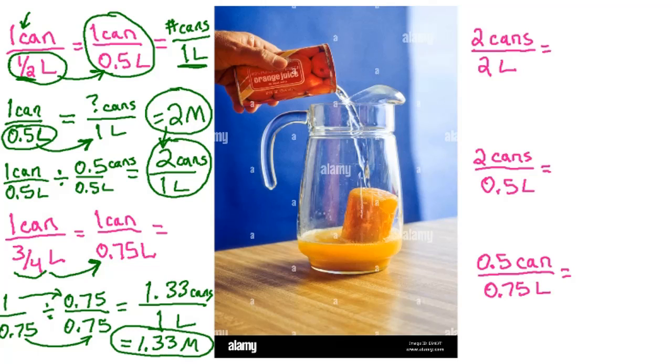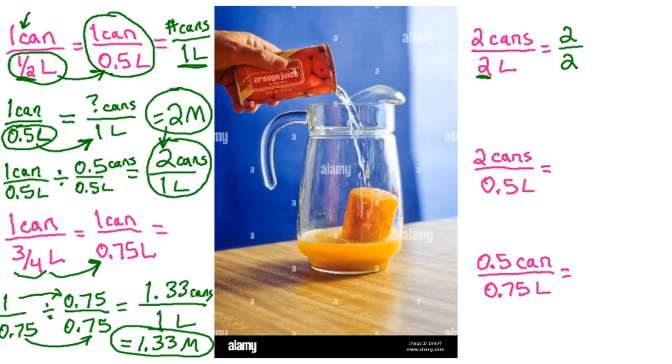Now let's go to the right-hand column and try to work these problems. In this top one, we have 2 cans for every 2 liters of water. So we need to turn this 2 liters into 1 liter.